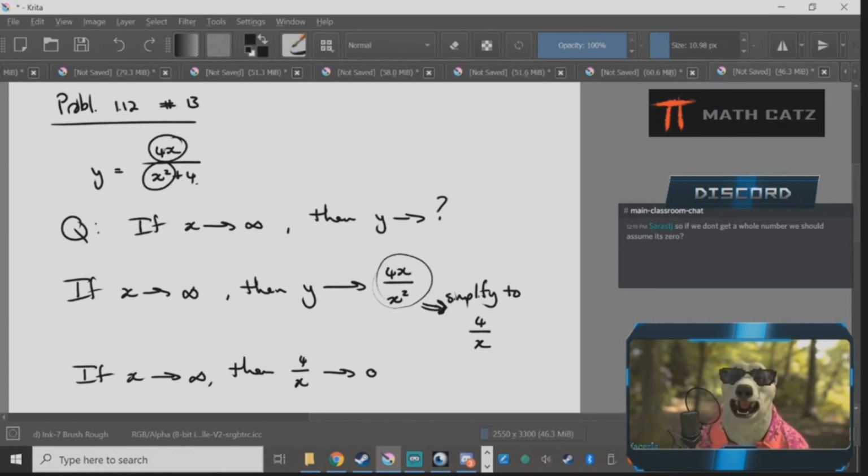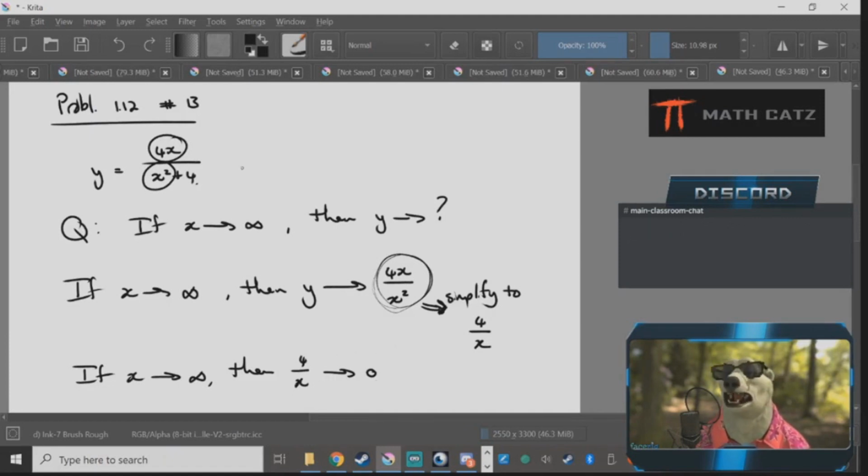I am looking at this as a rational function, which then tells me long term it's behaving like the ratio of the leading terms, which I then have in a circle here. I then see, well, can I simplify this a little bit to make it easier for myself? Yes, it simplifies to 4 over x. Now I ask myself, how does 4 over x behave when x is huge? 4 over x shrinks down to 0.